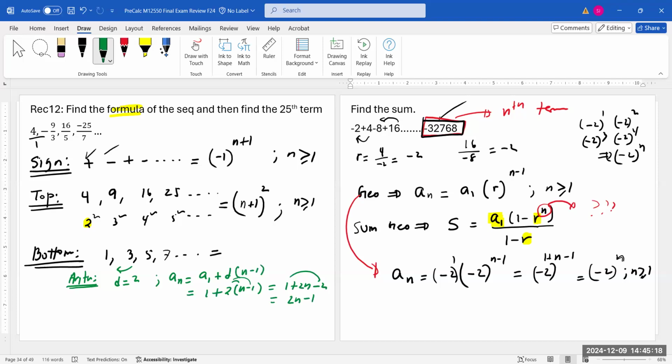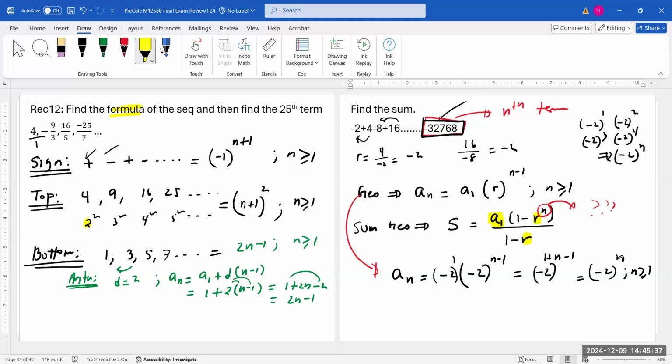So the formula we get from here is 2n minus 1, n starts from 1. And let's see, does it make sense? When n is 1, we have 2 minus 1, 1. When n is 2, 2 times 2 is 4, 4 minus 1 is 3. So yep, it does make sense.